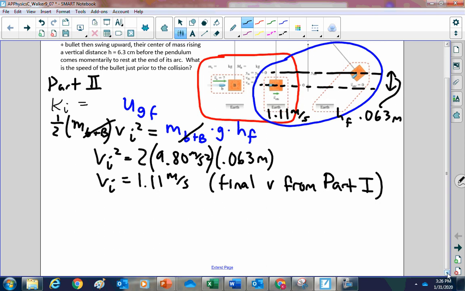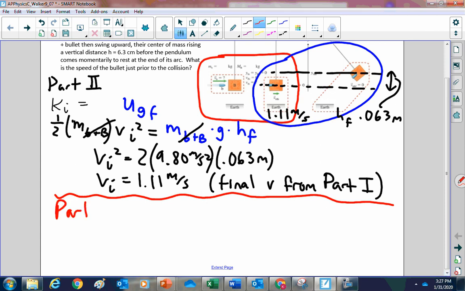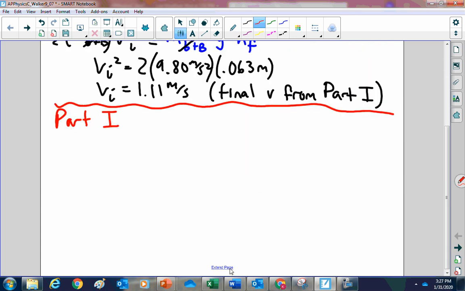Then I'm using conservation of momentum to solve for the velocity of the bullet at the very beginning of the problem. So now I do need the masses.